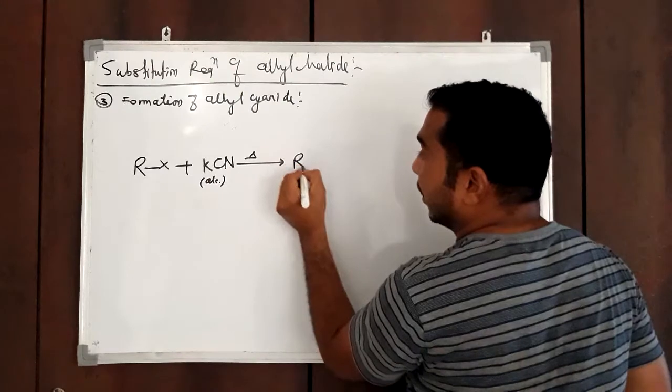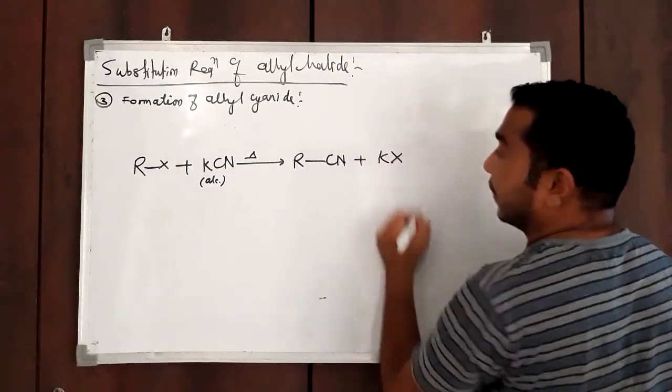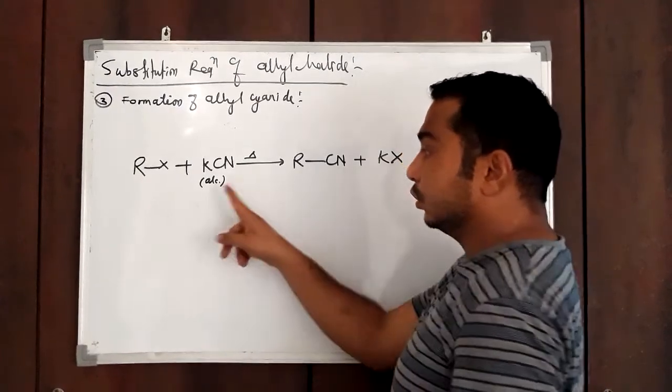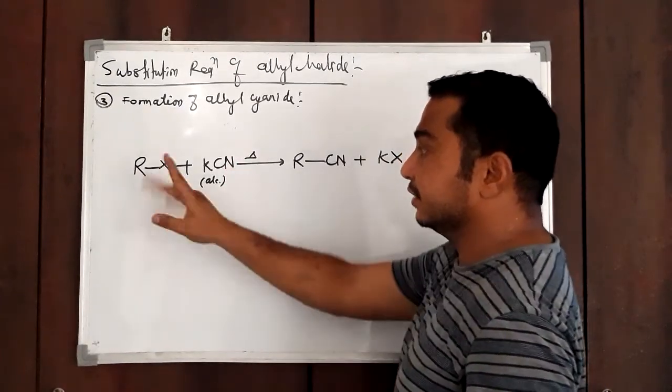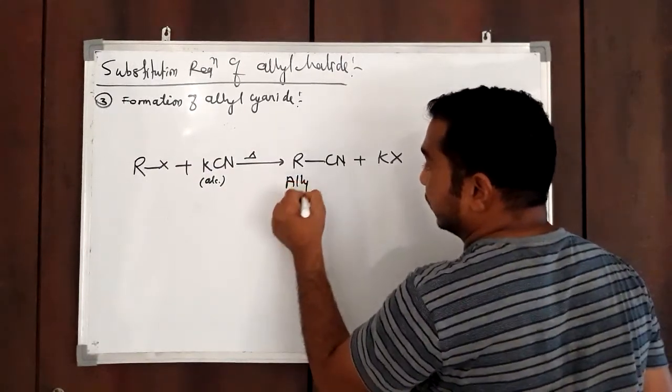You will get RCN plus KX. When an alkyl halide and an alcoholic solution of potassium cyanide are heated together, you will get alkyl cyanide. This is the alkyl cyanide product.